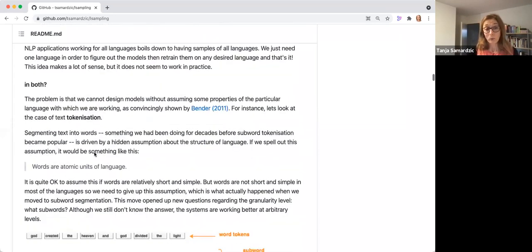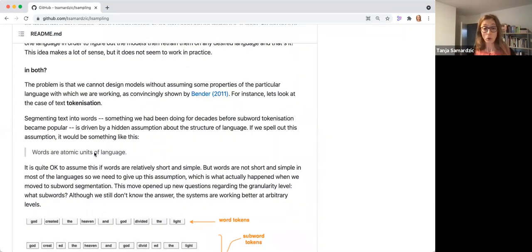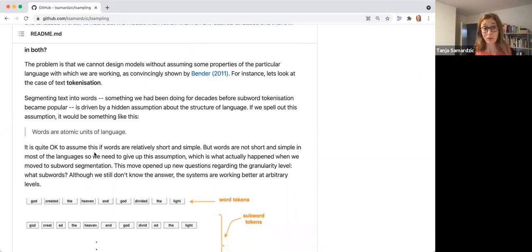Now here we come to the part where we show how these things are connected in both linguistics and NLP. Actually, the problem is that we cannot really build either hypotheses or models without having some assumptions about languages, right? So whenever we work on any language, although in theory we could work in a language independent way, in practice we always include some assumptions about the language.